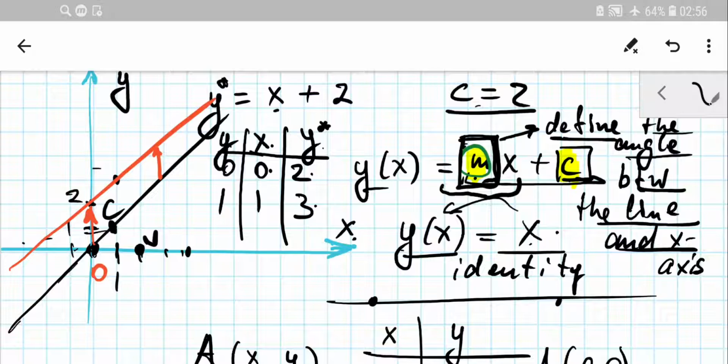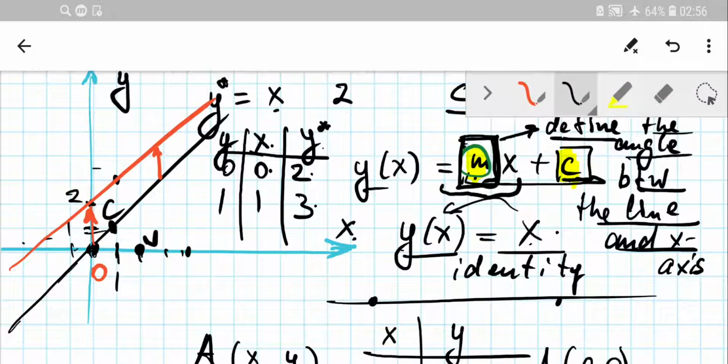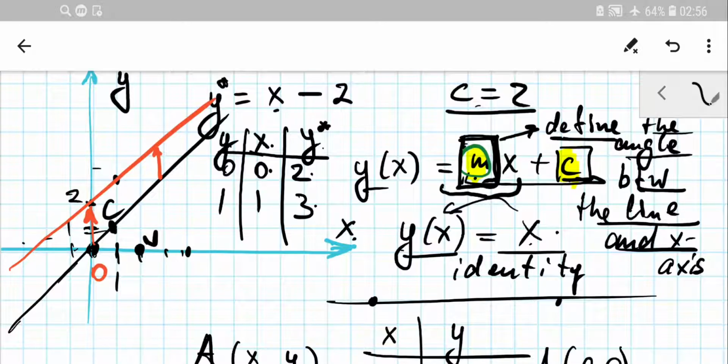So if c is negative, it goes down, obviously, right? Assume we have x minus 2. What it means is that all the values for y now become smaller by 2, right? And that's why it means 2 units down. So the new dotted line was shifted down.